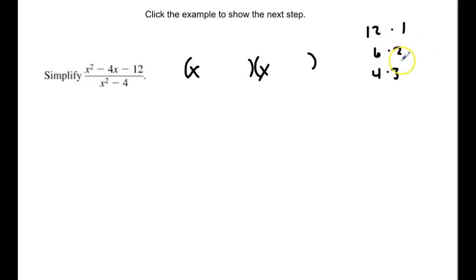One of these is going to have to be positive and the other negative, because I'm dealing with a negative 12, and I'm looking for a negative 4. So I know I'm going to end up with minus 6 plus 2, because if I multiply this out, I have x squared minus 6x plus 2x minus 12, and that simplifies to what I have here in my numerator.